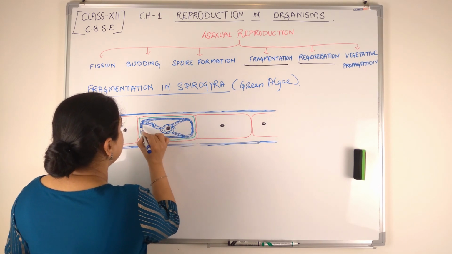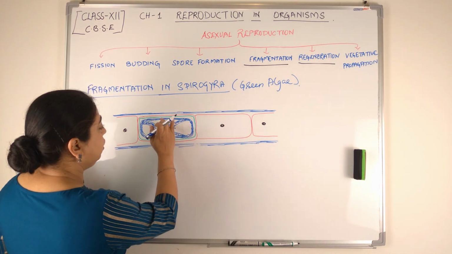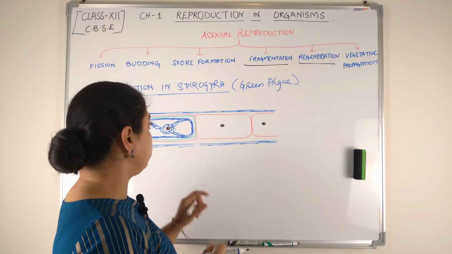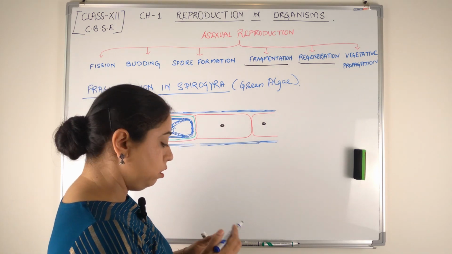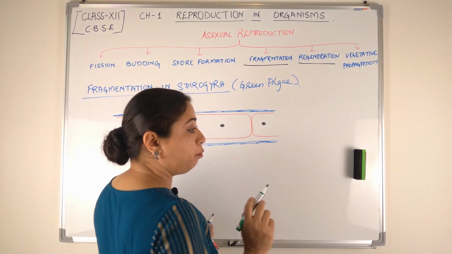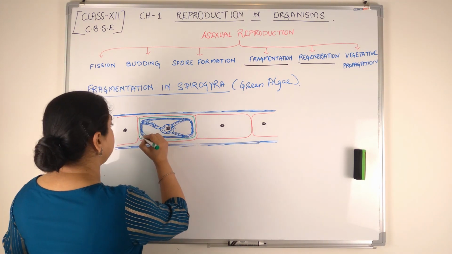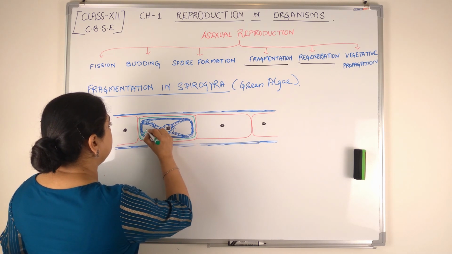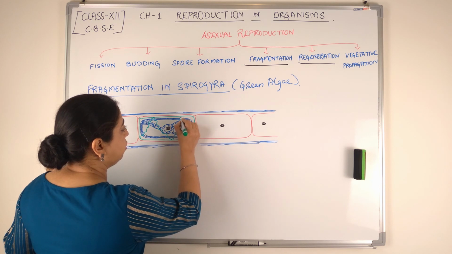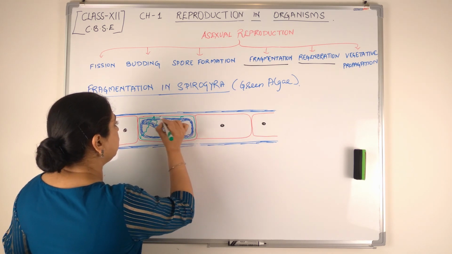Inside the cytoplasmic area there are some empty spaces which are known as vacuoles. Other than this, there is a very important structure which helps in photosynthesis, that is the chloroplast. The chloroplast is ribbon-like or spiral in shape.